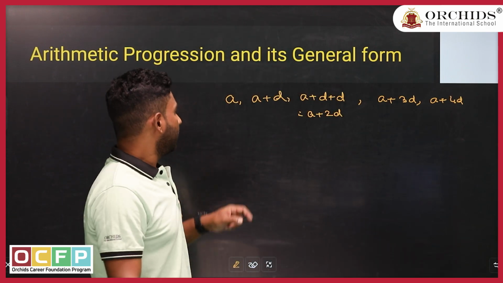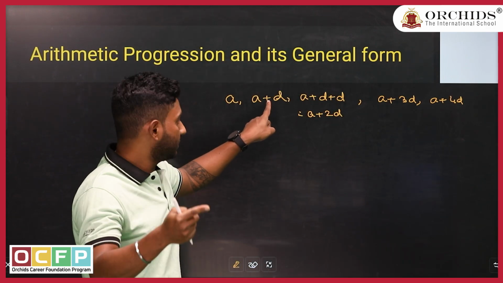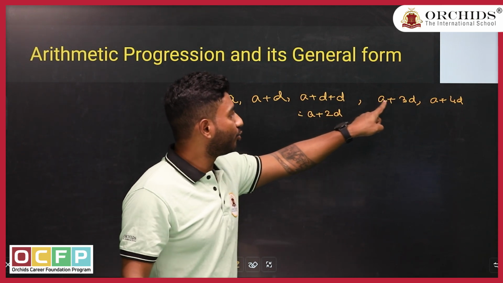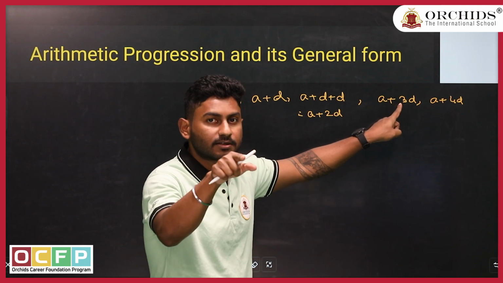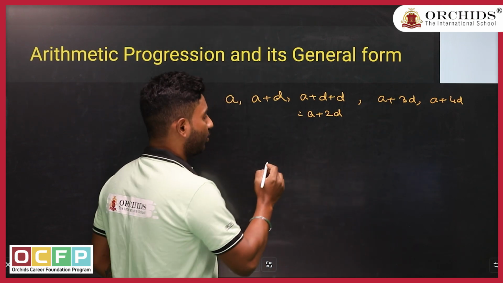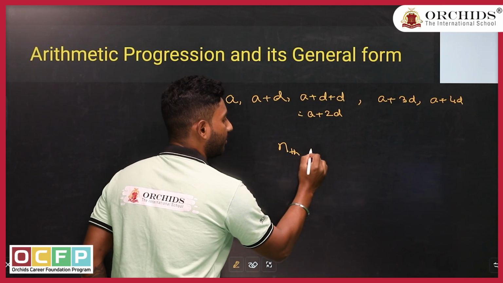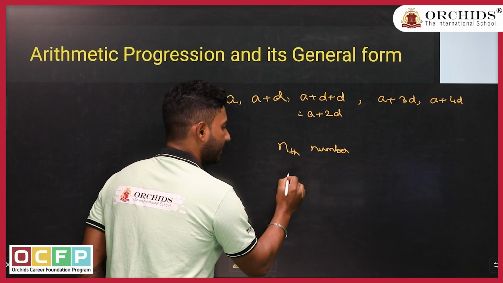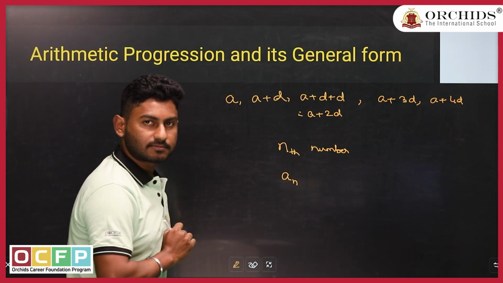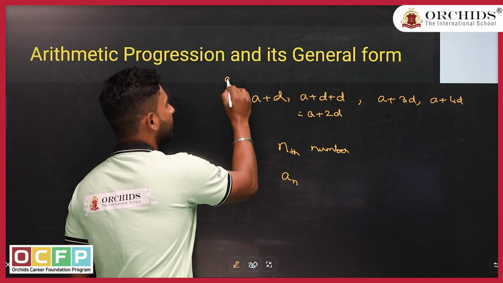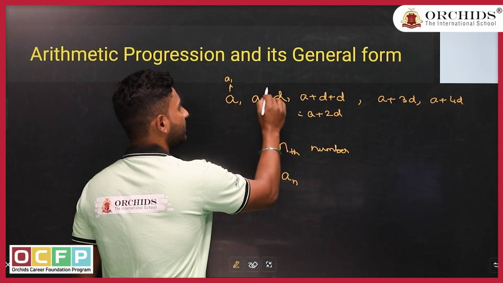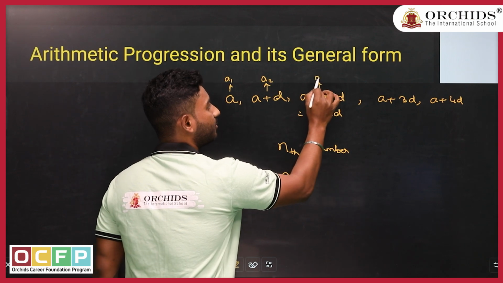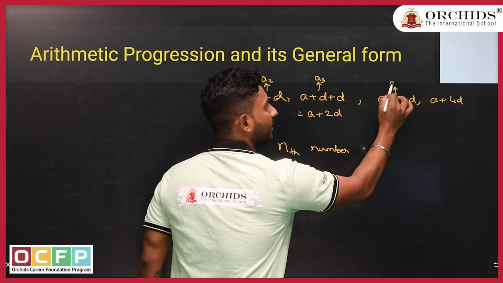So the second number is A plus D. The third number is A plus 2D. The fourth number is A plus 3D. So it is one less. If I ask you what is the nth number, I can denote it as an. This one is a1, the first number. This is the second number of the progression, the third number, and here is the fourth number.